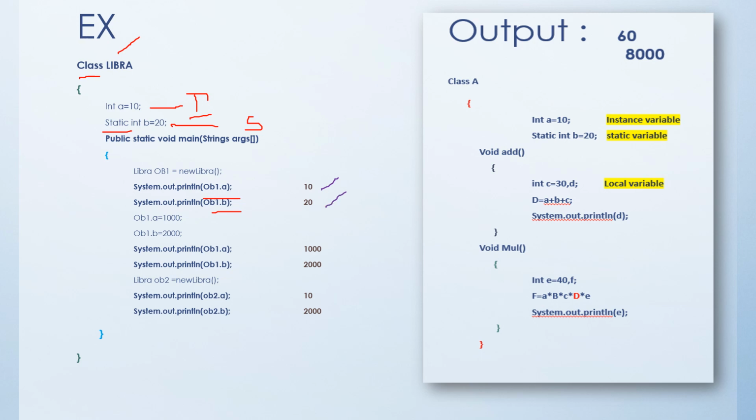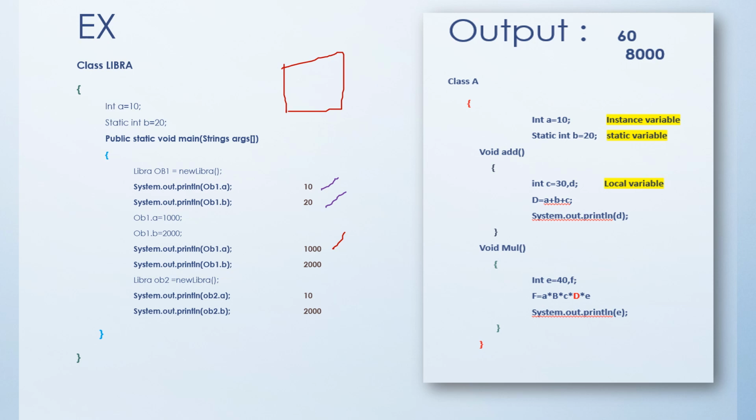So now we are doing some modification. If obj dot a is equal to 1000 and ob1 b is equal to 2000, if you give these values, the a value and b value will be changed. So now, if you System.out.println ob1 dot a, you will get the value of 1000. Why? Because here a is one variable.